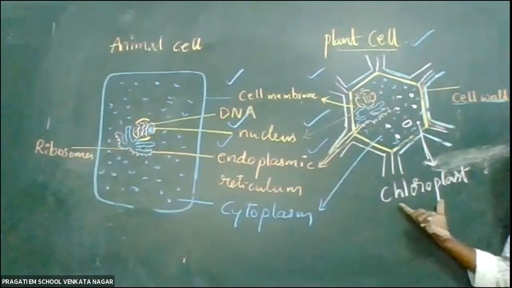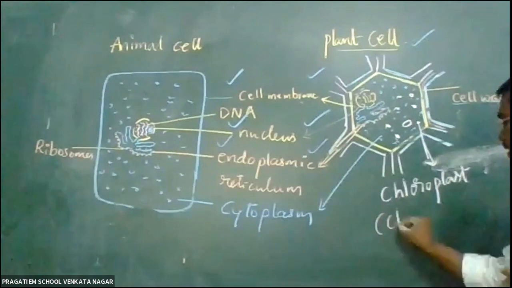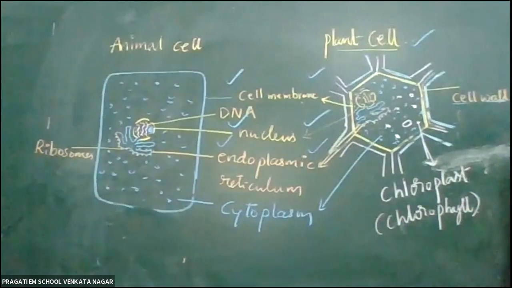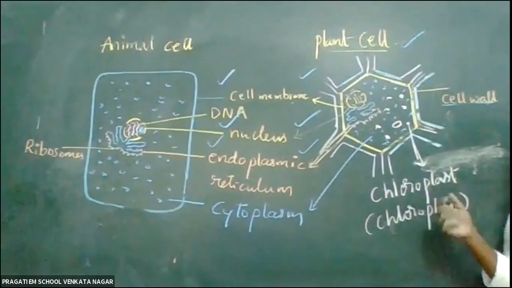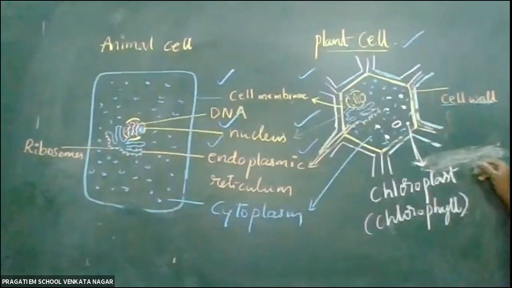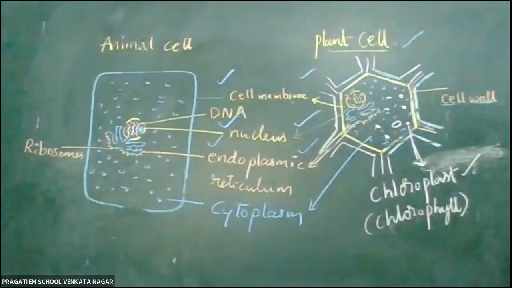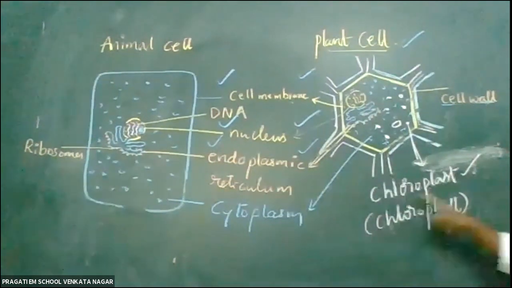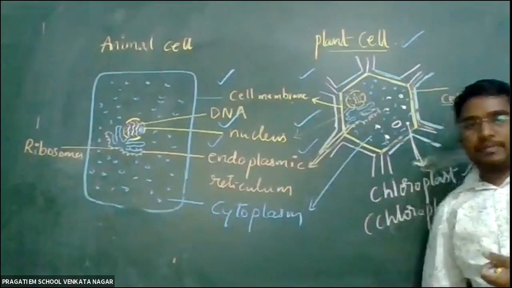Because of the chloroplast, which has a pigment called chlorophyll, plants are green in color. This part is absent in animal cells.